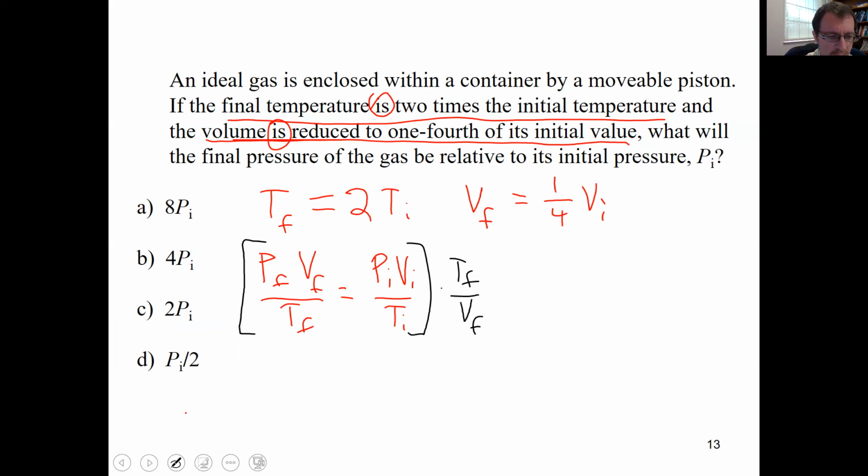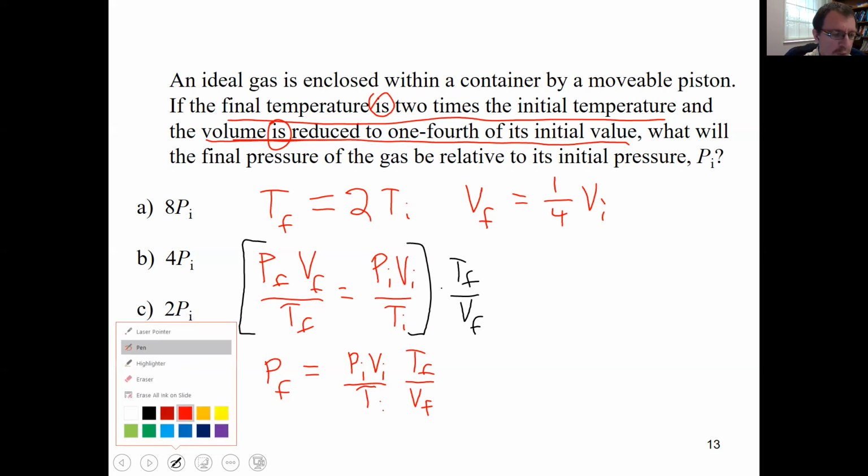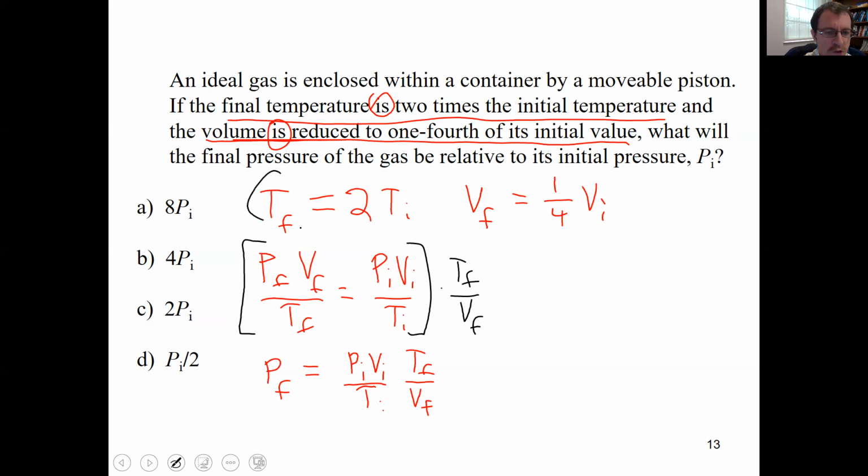On the left-hand side, P sub F is equal to P sub I V sub I over T sub I times T sub F over V sub F. Okay. And now what can we do? We can plug in these expressions that we have for final temperature and final volume. So let's do that.